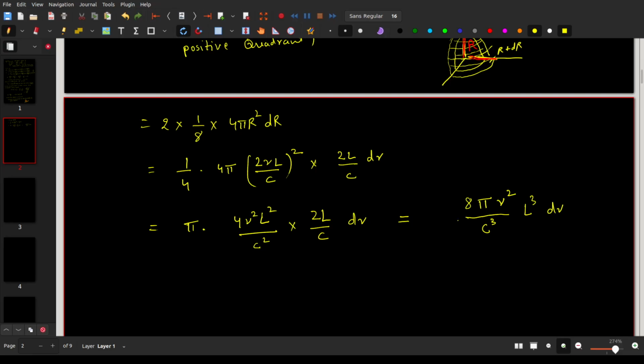So this is our number of modes in the frequency range nu to nu plus d nu. Here L cube is the volume.